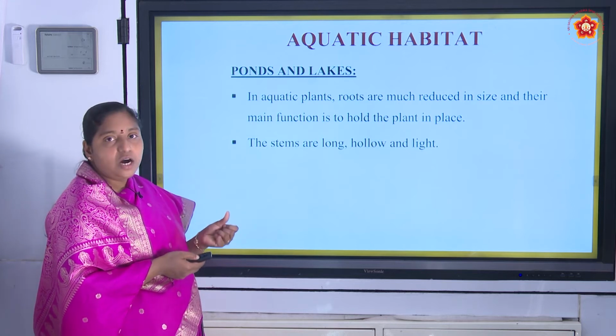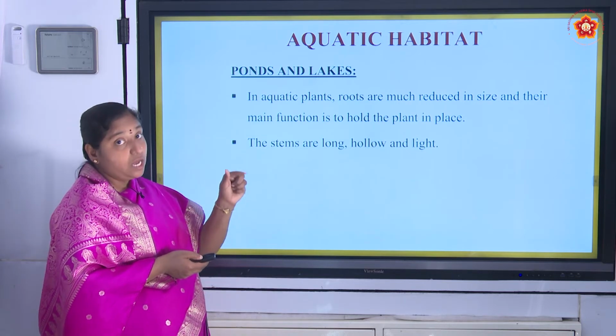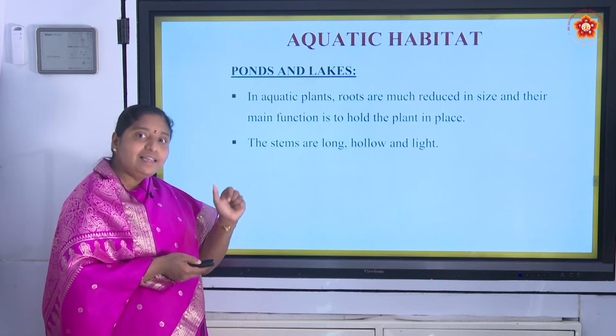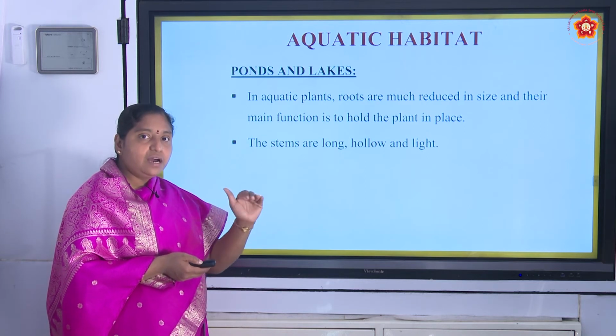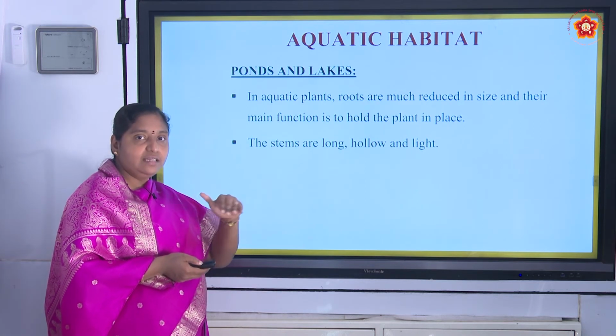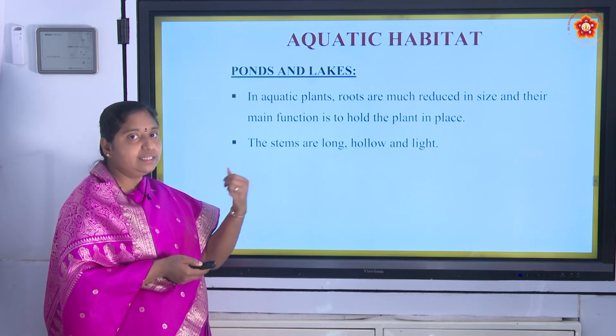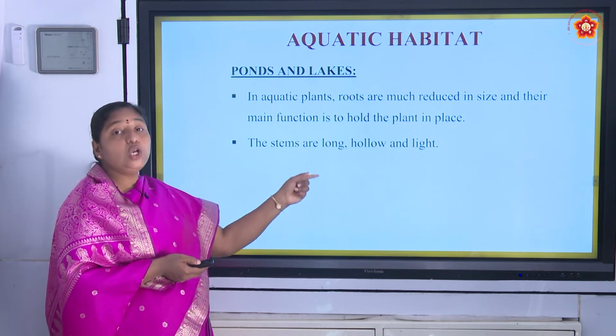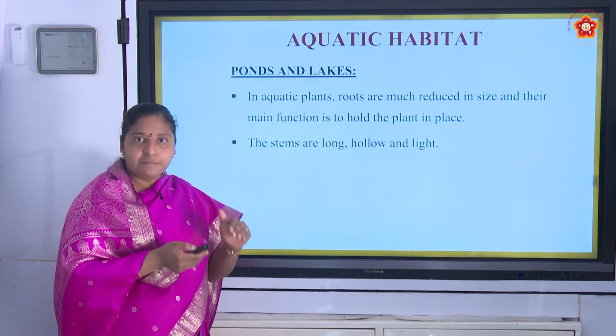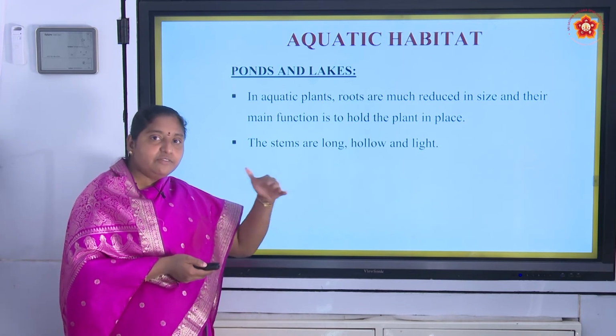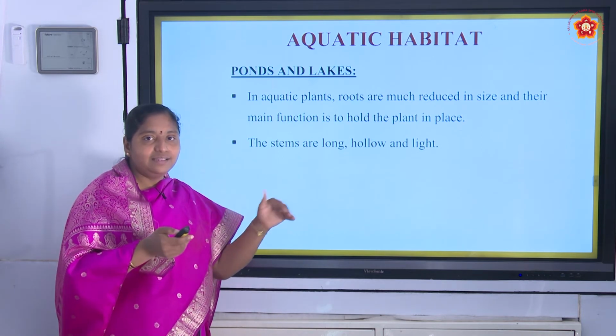The stems are long, hollow and light, and they float on water. They have long, hollow and light stems because if there is less weight, they can easily float.